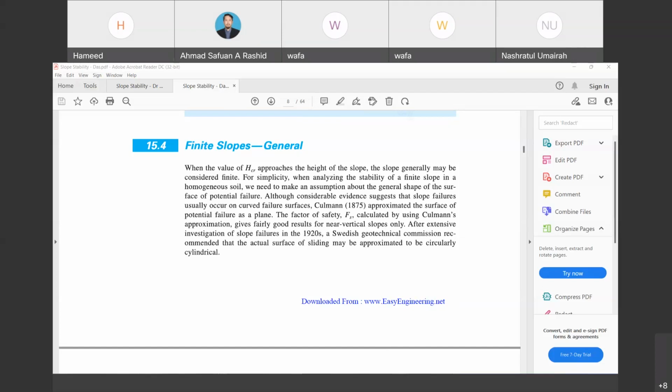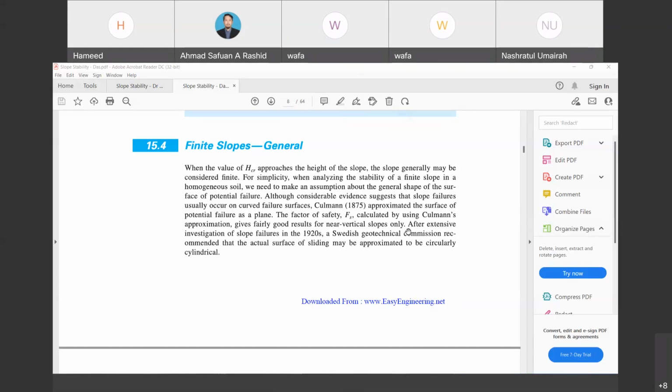When analyzing the stability of a finite slope in a homogeneous soil, we need to make an assumption about the general shape of the surface of potential failure. Although considerable evidence suggests that slope failures usually occur on a curved failure surface, Culmann approximated the surface of potential failure as a plane.